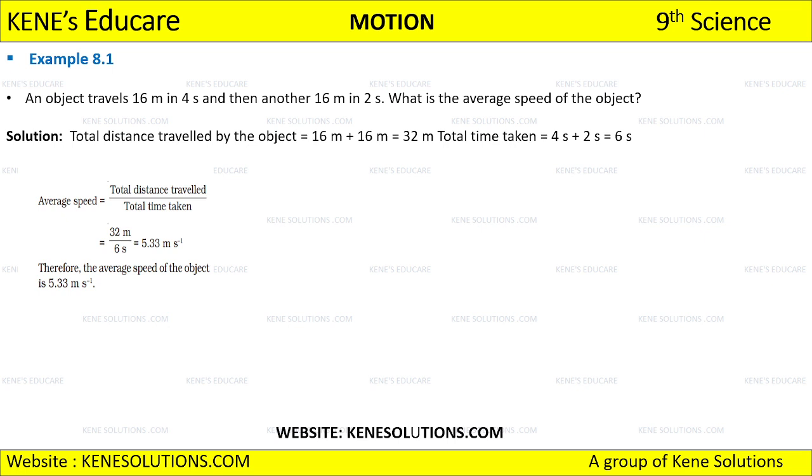This is the most basic example. You just have to use the formula, write the numbers according to the formula, and then calculate it, right?